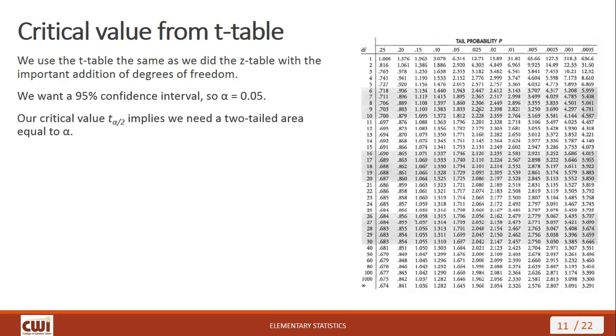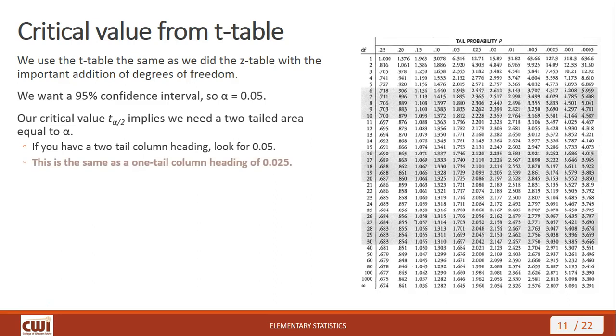So we need to calculate t alpha over 2. But our alpha is 0.05. So if we have a two-tail column heading, we need to look for 0.05. This is the same as a one-tail column heading for 0.025, which is half of 5%.